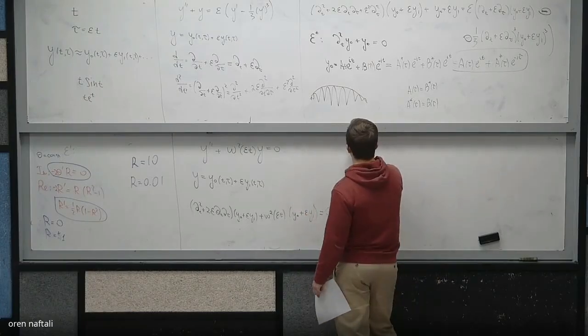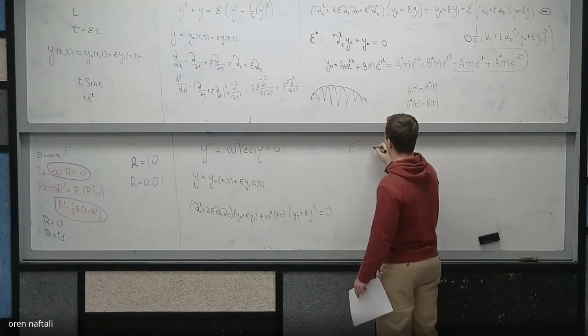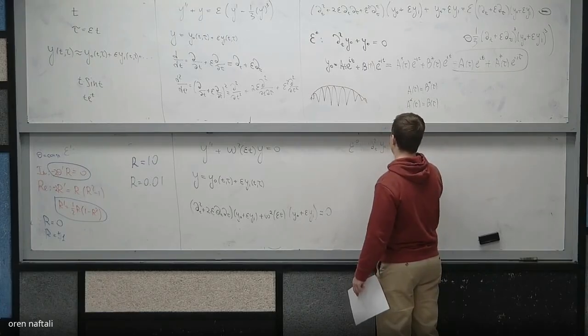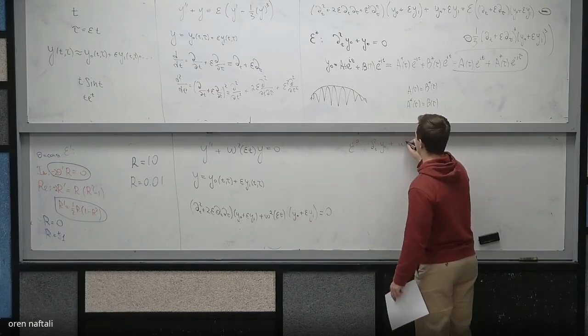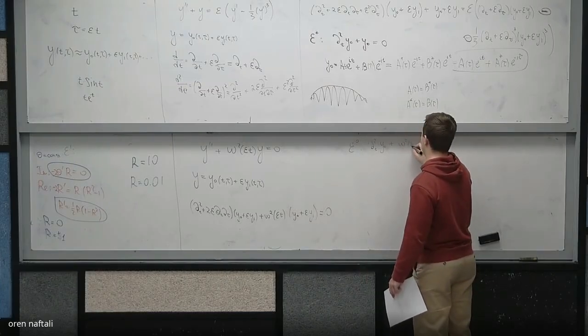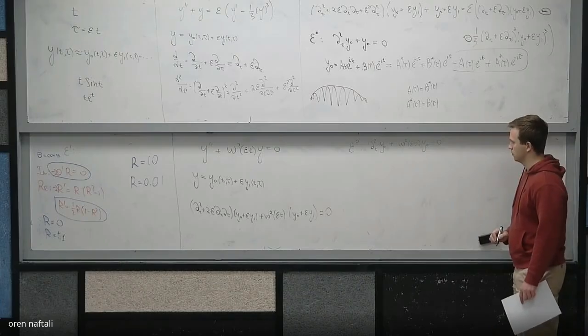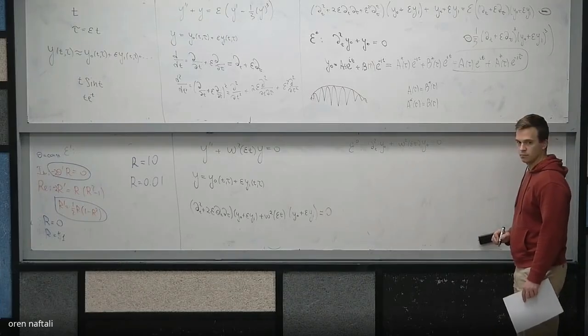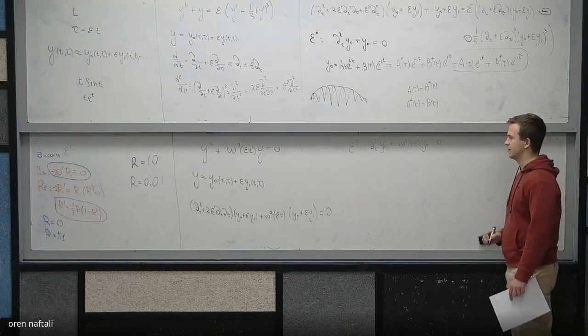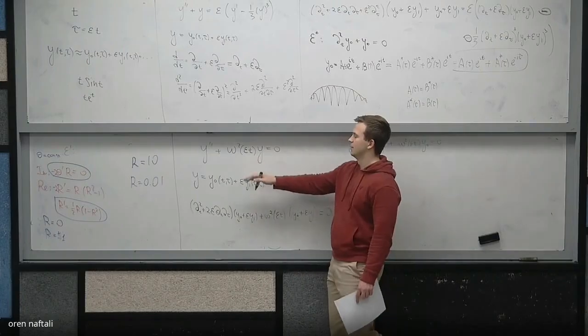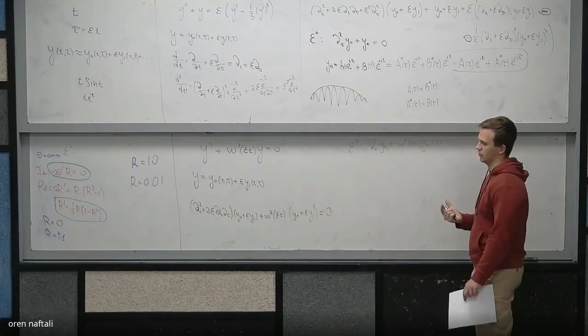So for the epsilon to the zero order, we have d squared y naught over dt squared plus omega squared of epsilon t y naught equals 0. The omega squared is a function of epsilon t. It's a function that changes slowly.